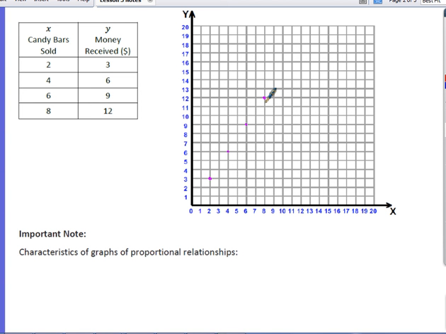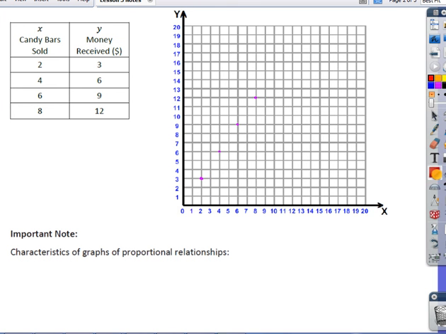You'll notice here that as you look at this, there's 2 important characteristics that you should know about this graph. I noticed 2 things. The first thing is, if I were to draw a line to connect these points, so let's sketch one, I noticed that this line would look something like this.